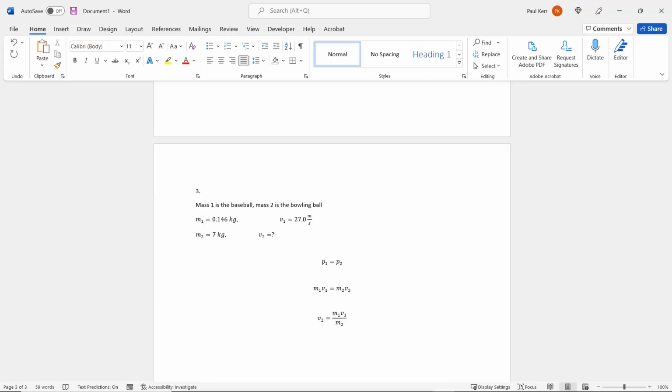So then, as you said, V2 for the bowling ball should be M1 V1 times, yeah, 0.146 times 27 divided by 7. Makes sense. And then the baseball is moving really fast, as it should. The bowling ball, not that fast. And guess what? The bowling ball has way more mass. That's what gives you that same momentum.